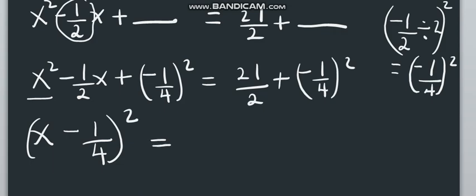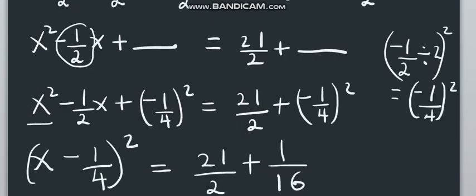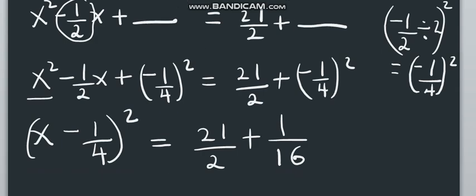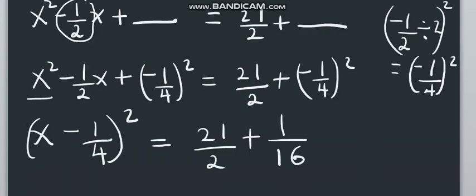And this one will be equal to 21 out of 2 plus 1 out of 16. Now students, I request you first pause and you expand this such that you go back to this. Is that okay? Yes, hope you are good students. You are going to do it.